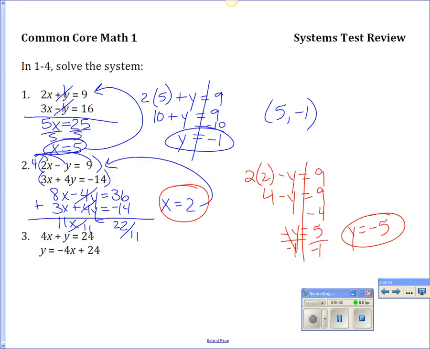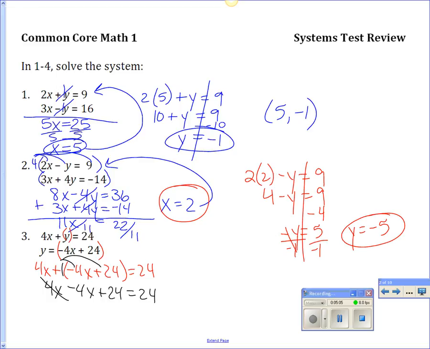Number 3 is a plug it in. So you're going to put it in the y. So 4x plus negative 4x plus 24 equals 24. Put your 1 in front and distribute. So you get 4x minus 4x plus 24 equals 24.